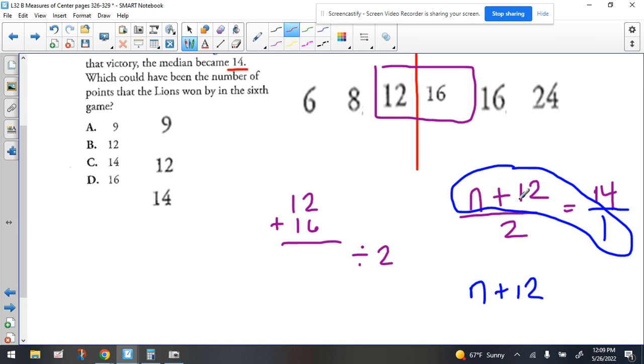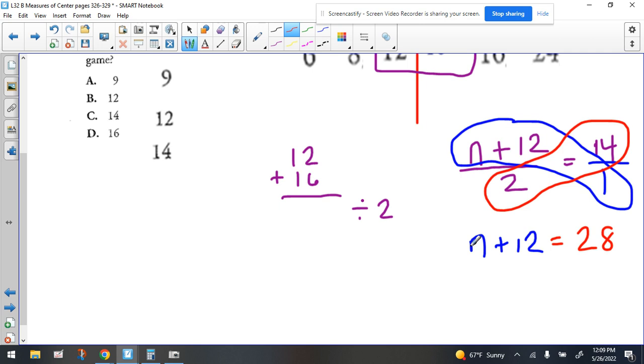And if we looked at this cross product, this times this would end up equaling 28. So what's the opposite of adding 12 to a variable? It would be to subtract 12 from a variable. This would all cancel out. We'd bring down the n.